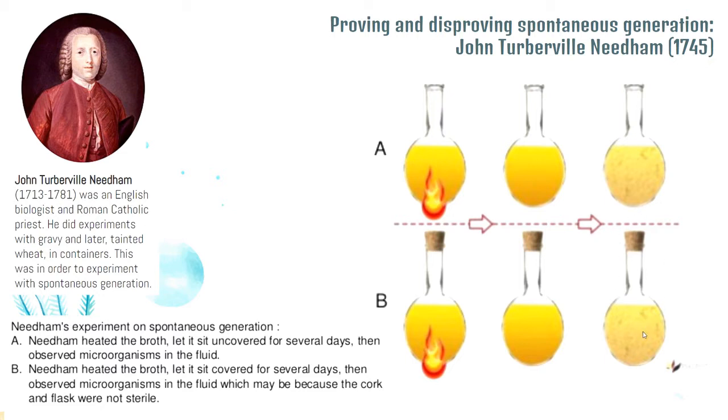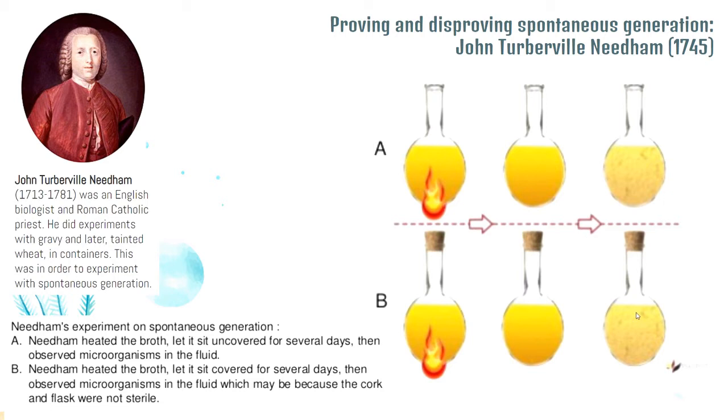This led him to conclude that spontaneous generation is true, that microorganisms could actually arise from the non-living broth. Because in both setups, perhaps life essence could come in and reproduce in the open flask, but how about those covered flasks? How come that at the end of the observation period, microorganisms still formed in the sealed flask?